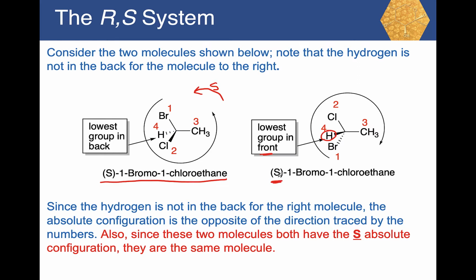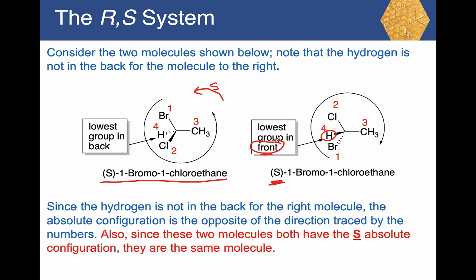So let me emphasize, the only reason why this is looking like it should be an R, but not an R assignment, is because the group of lowest priority here is in the front. So again, you have to be very observant to determine if the group of lowest priority, number 4, is in the back or is it in the front?